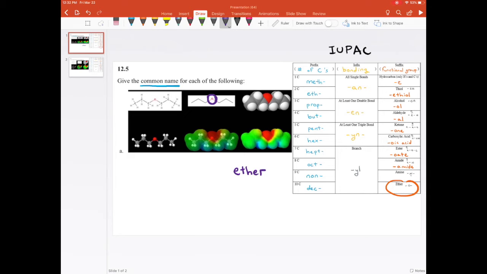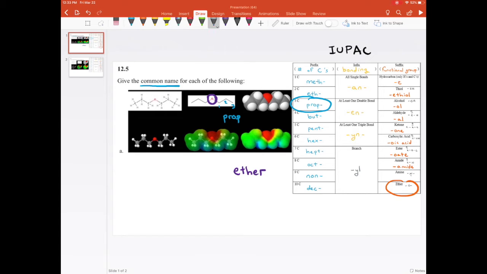The carbon branches that are attached to it are named as branches. So to name those branches, you use the normal IUPAC naming scheme. So for example, this carbon chain on the right has 1, 2, 3 carbons. The prefix for 3 carbons is prop.